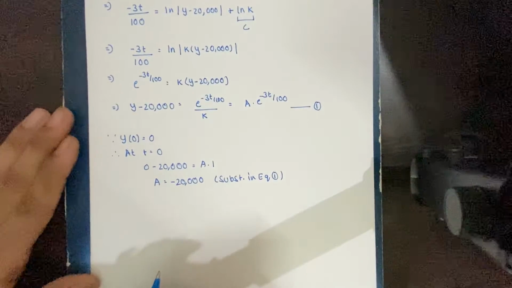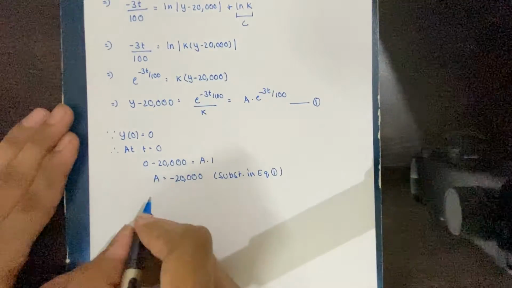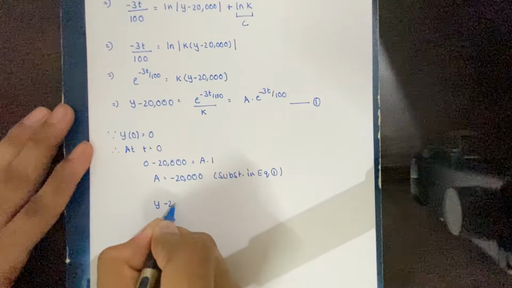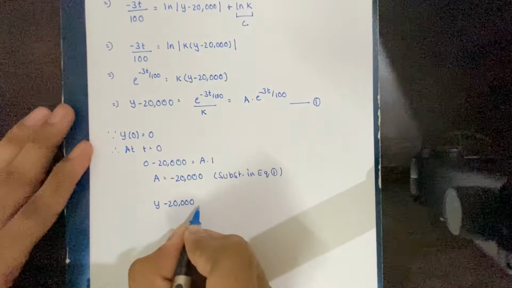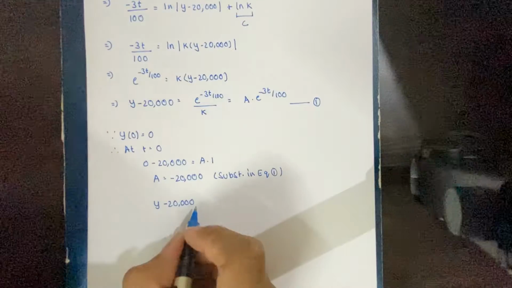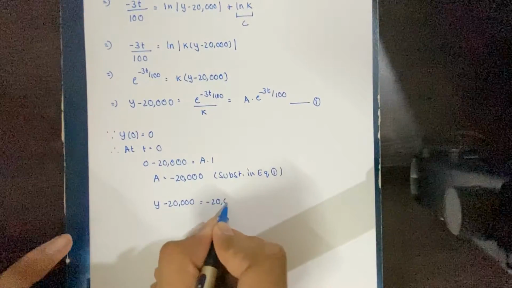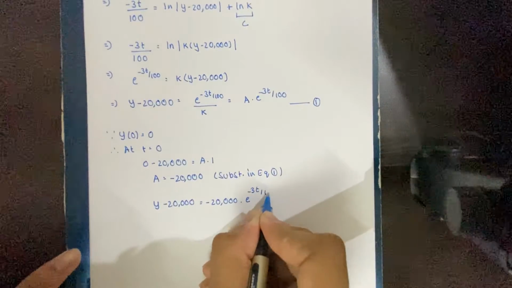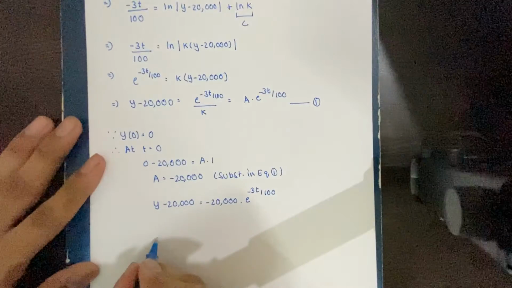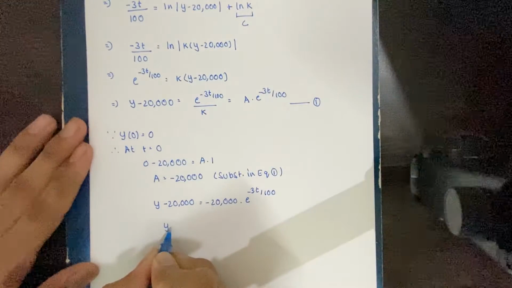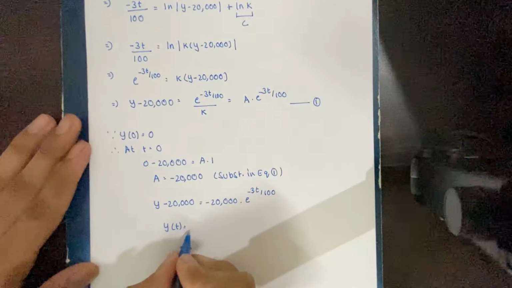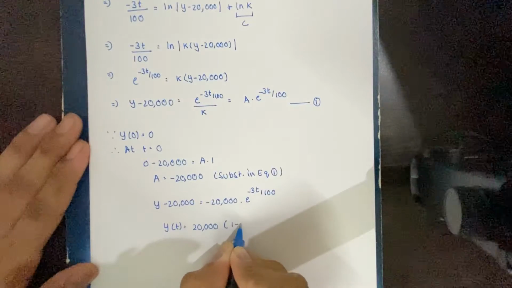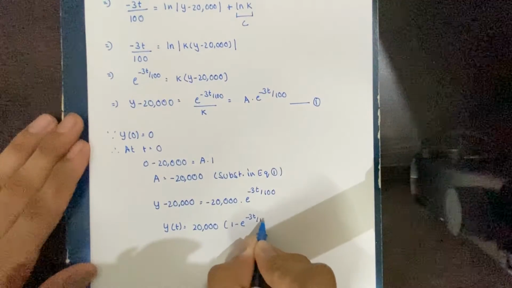That gives us the most important equation of the problem, probably. y minus 20,000 equals minus 20,000 times e power minus 3t by 100. Now after simplification we get y of t equals 20,000 times 1 minus e power minus 3t by 100.